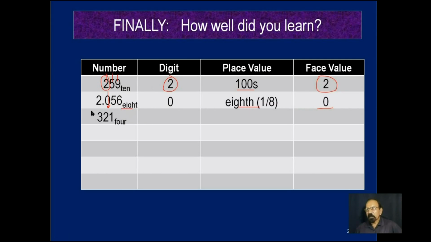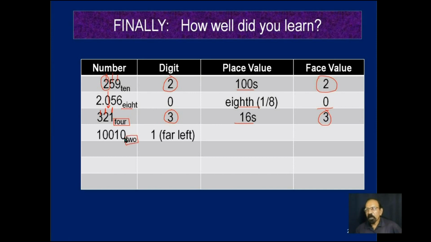Next one, this is now base 4, and we are considering the 3. So that will be 4 to the 0, 4 to the first, 4 to the second. So that would be 4, 4, 16. So the place value is 16, and the face value, of course, is 3. This is base 2.